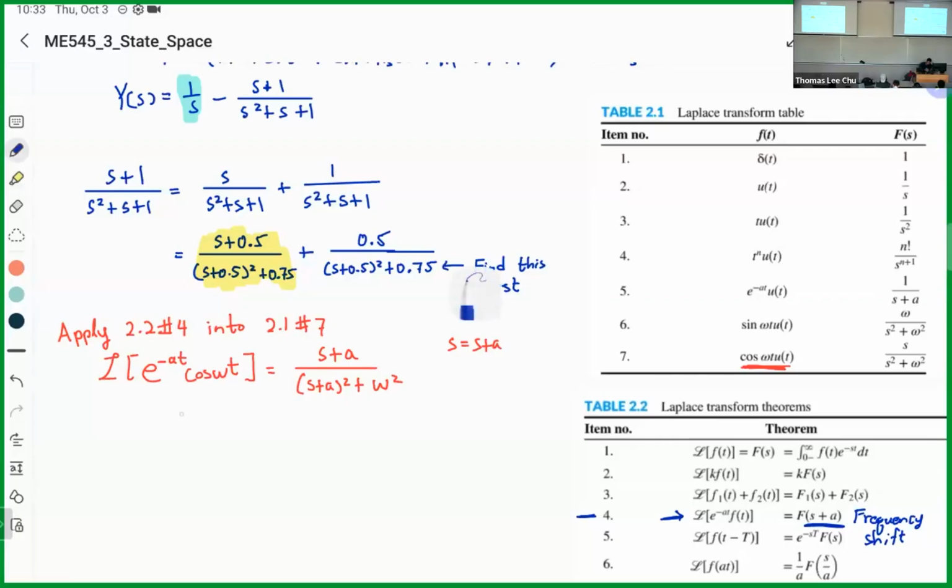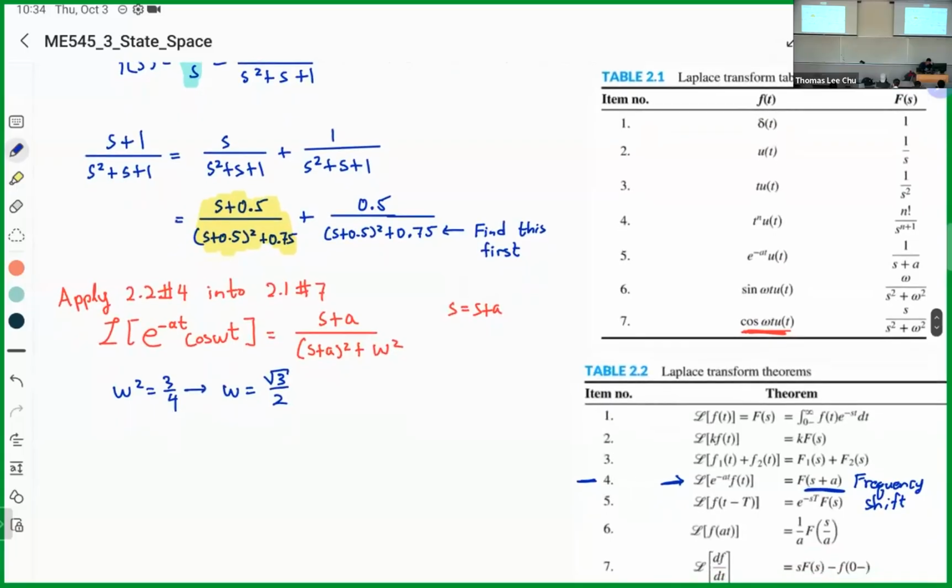So omega is equal to the square root of 3/4, which is the square root of 3 divided by 2. Great. Now that we know that, we just need to get this right term here to match property 6.